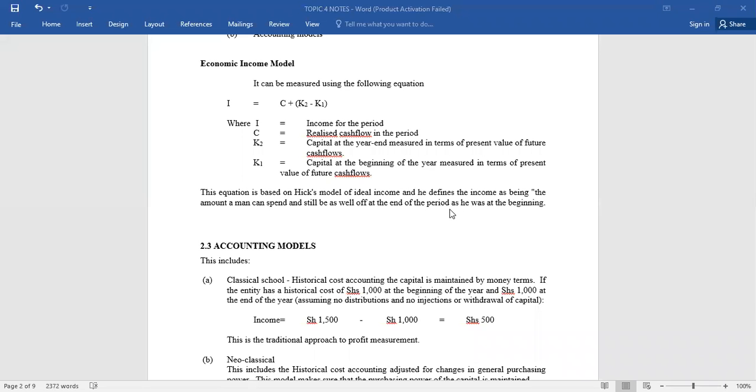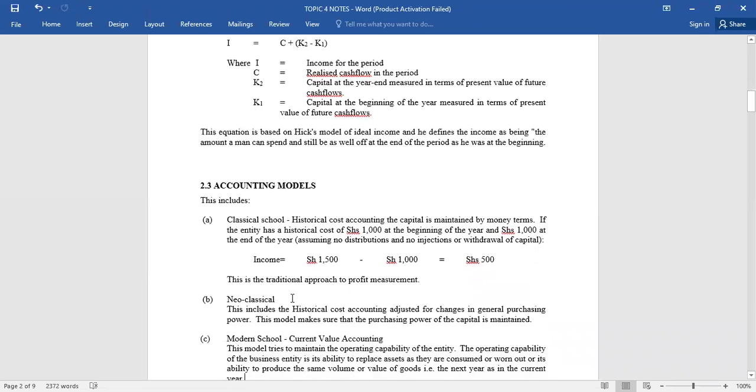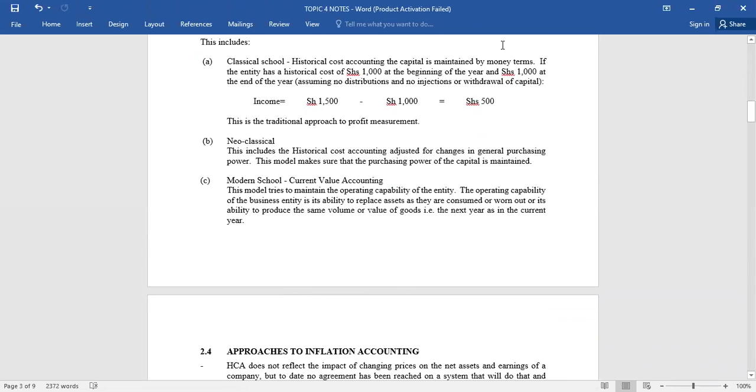That is the economic income model. Now we have the accounting models, and I've said they are several, but I want us to just cover a few. These models normally classify themselves into three: we have the classical school, the neoclassical, and the modern.